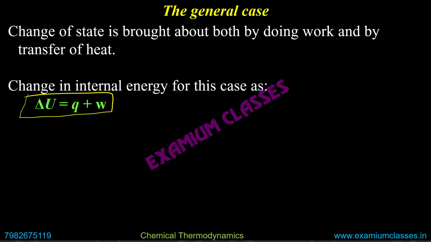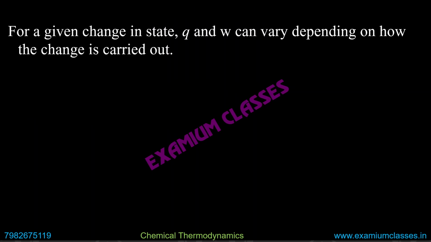Change in internal energy, delta U, is equal to Q plus W, that is heat change plus work done on the system or by the system. Remember, Q and W will be positive if it is to the system. Heat is provided to the system, work is done on the system. If heat is released from the system, it will be negative. If work is done by the system, it will be negative in that case. This is also known as the first law of thermodynamics.